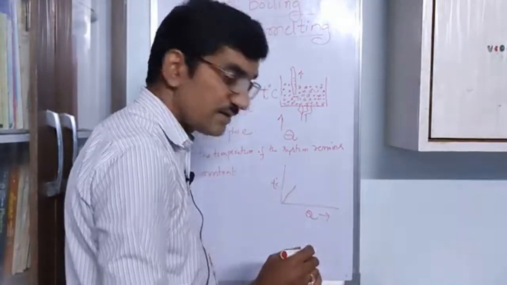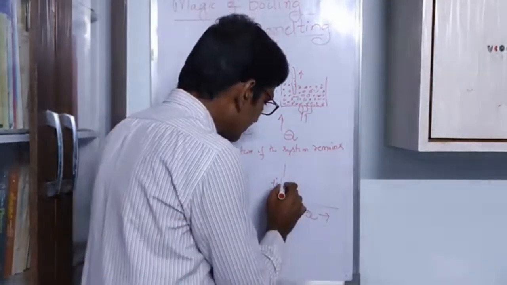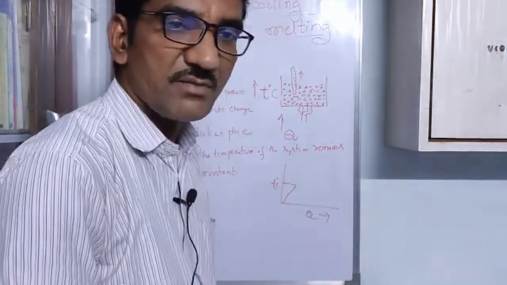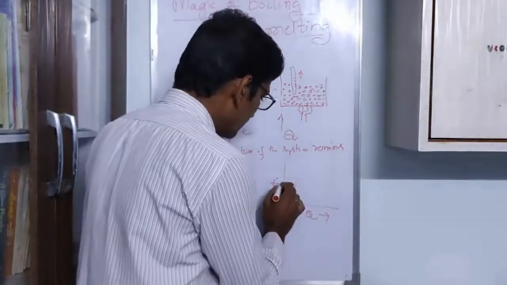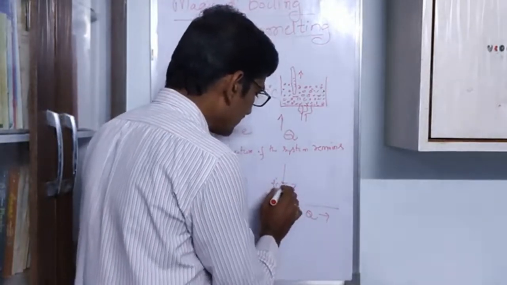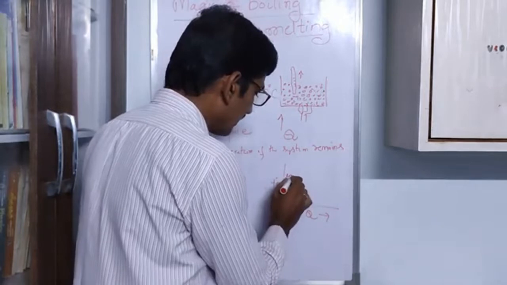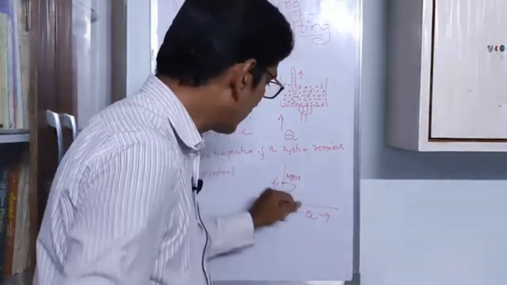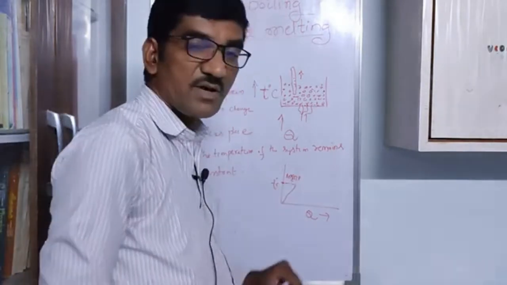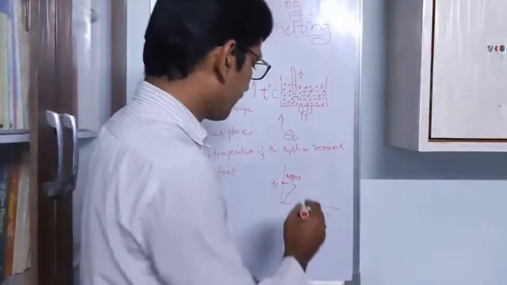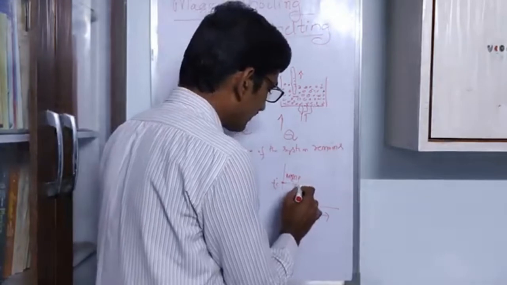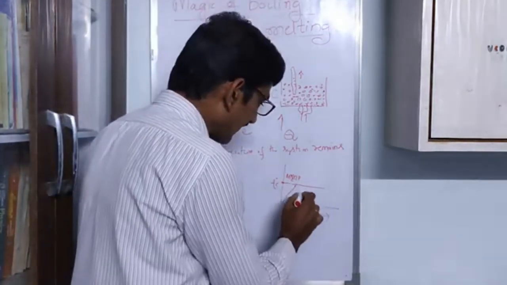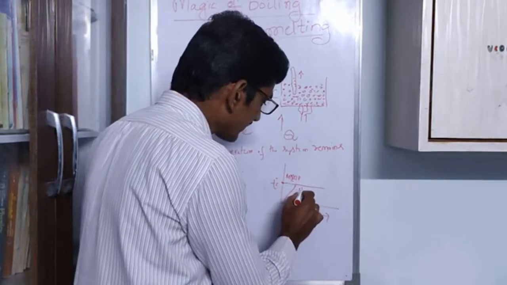Whenever you reach the point called melting point or boiling point, what is this temperature here? This particular T is the melting point or boiling point. Whenever you reach either the melting point or the boiling point, then you observe a flat straight line here. This straight line characterizes state change.